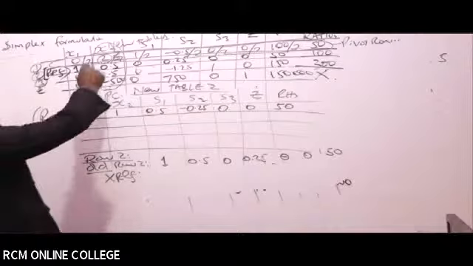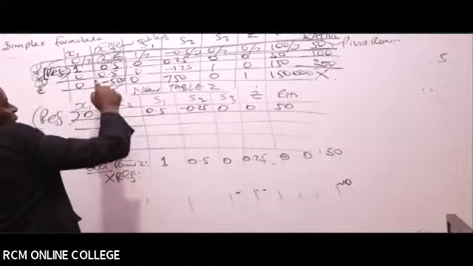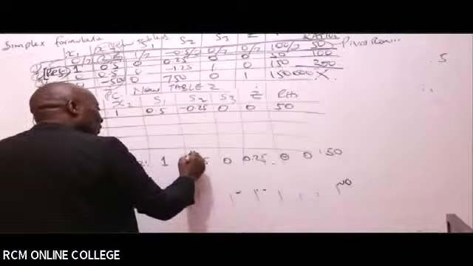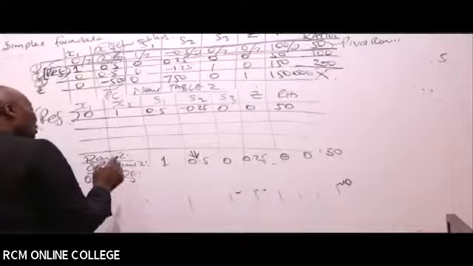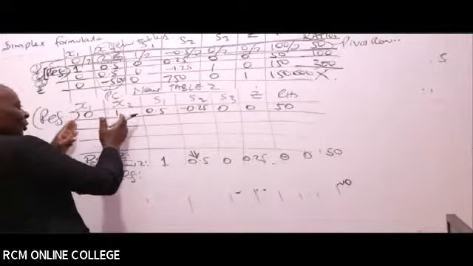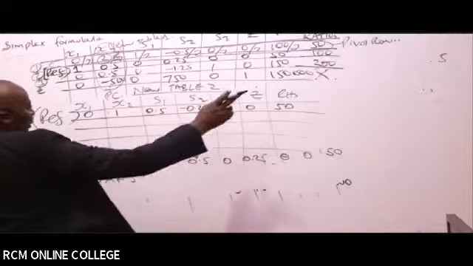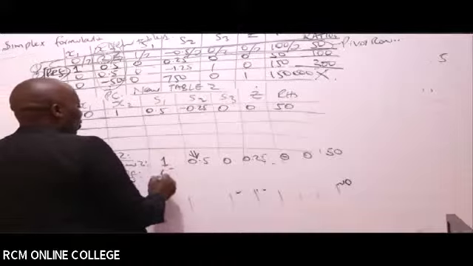Because you simply ask yourself, where is the pivot column? Pivot column is here. In my row number 2, the element which is under pivot is this one. Thank you so much. So 0.5 times the reference. Which reference are we talking about? Reference for the new table. So 0.5 times all these numbers. The first one is 0.